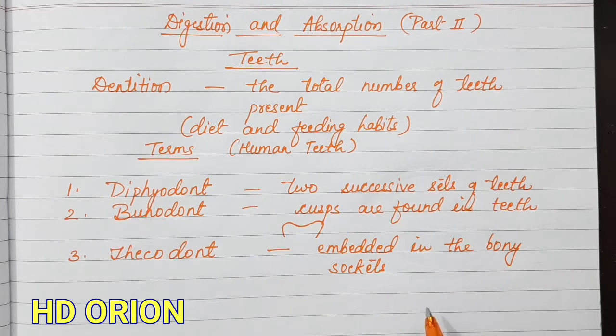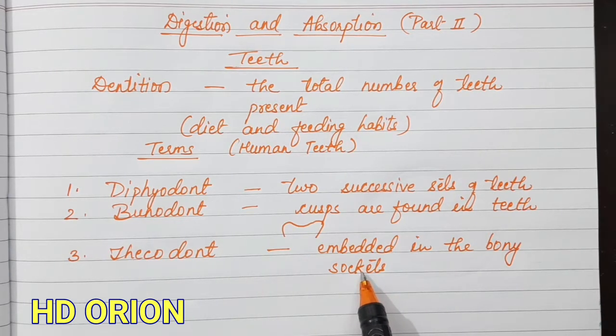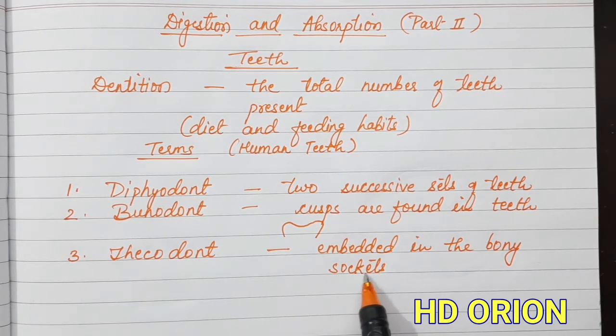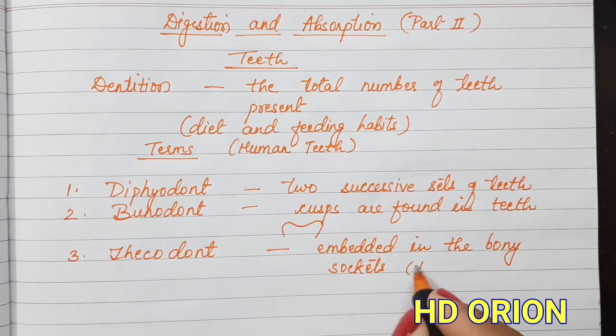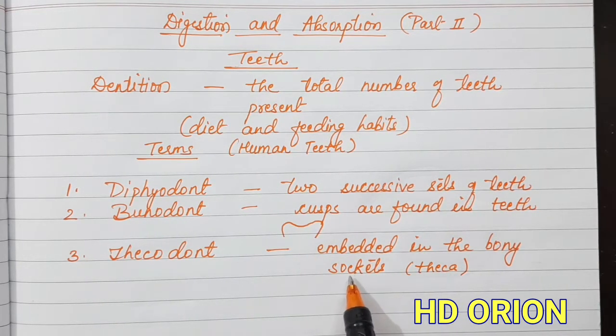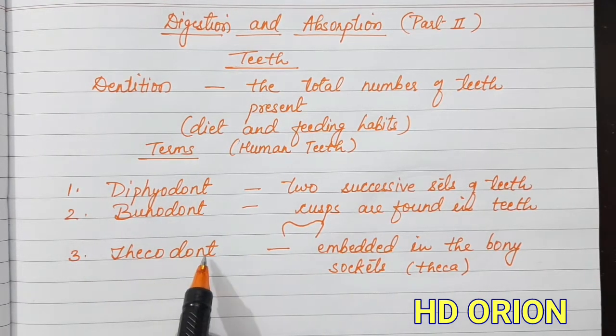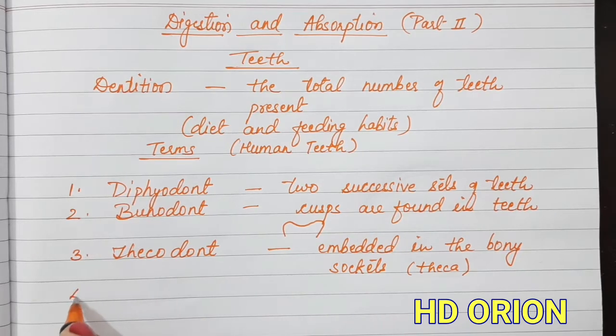So these bones, the maxilla and the mandible, make up bony sockets in which the teeth are entirely fitted. The socket is actually called theca. Theca means socket. So when the teeth are embedded in such sockets, the term given is Thecodont.